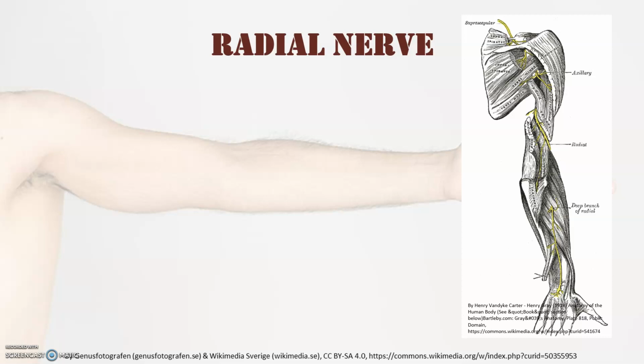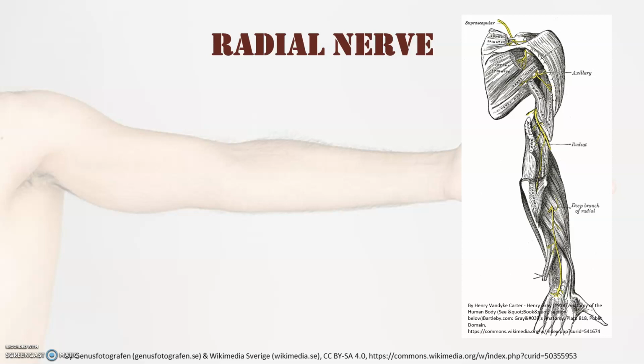It winds its way across the posterior surface of the humerus, ending up laterally, and then it pierces the lateral intermuscular septum to cross into the elbow anterior to the lateral epicondyle, across the lateral aspect of the antecubital fossa.